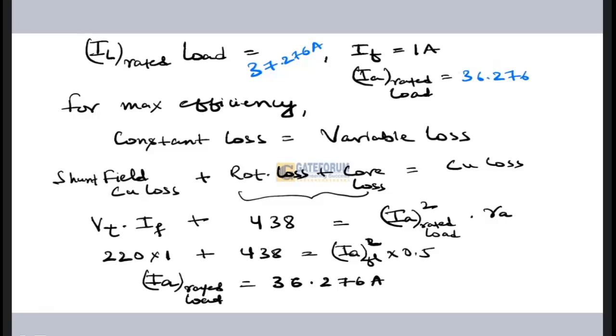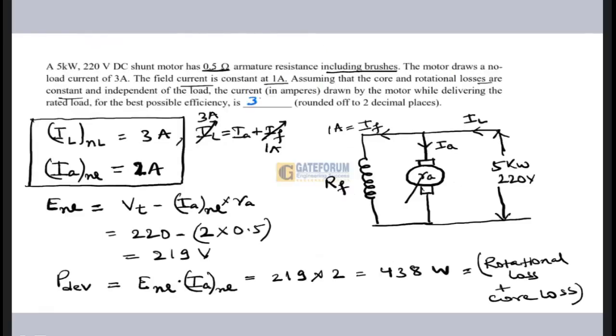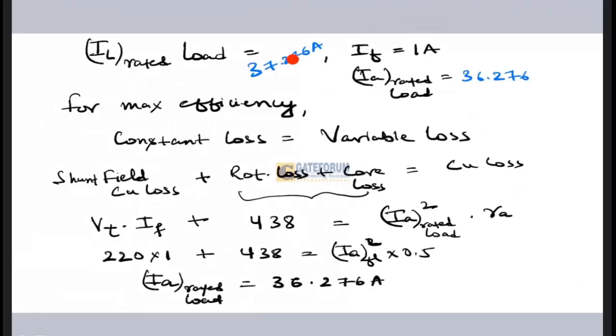The answer for this question is 37.28 ampere. This is the current drawn by the motor at the rated load.